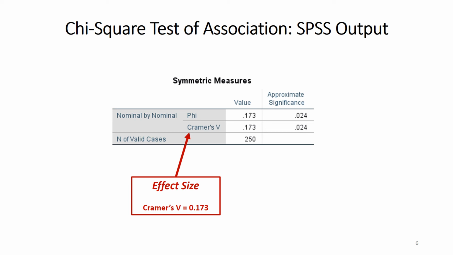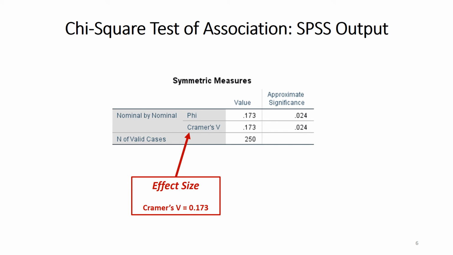But as the number of levels or categories for your variables increases, say you had one variable with 3 levels and a second with 4, or a first variable with 4 levels and the second with 5, the values of phi and Cramer's V will start to differ.